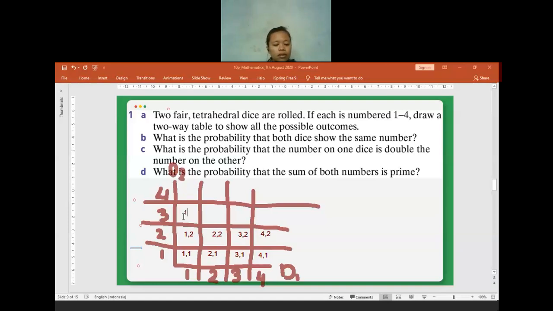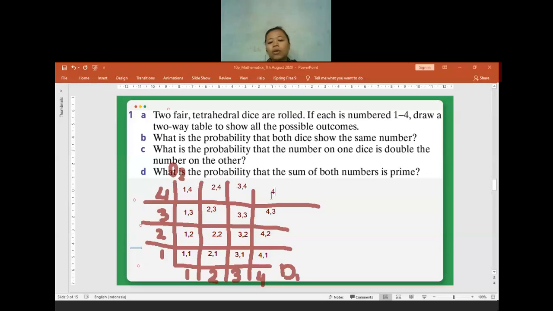Okay, 1, 3 and then after that 2, 3, 3, 3, 4, 3, and then the top one is 1, 4. After 1, 4 it will be 2, 4, and then 3, 4, and then the last one is 4, 4.